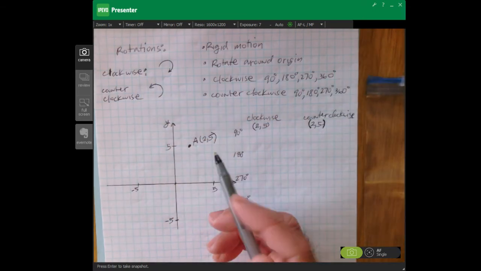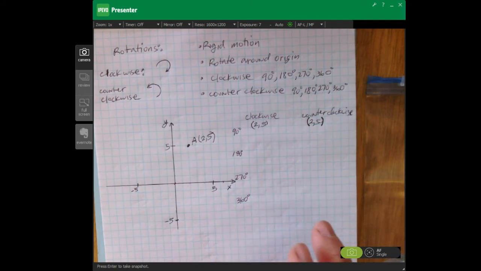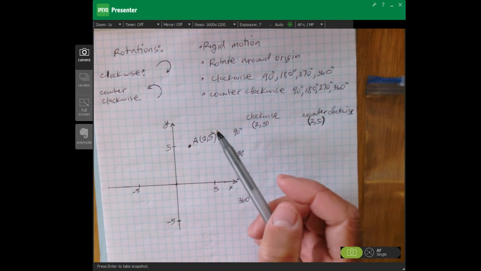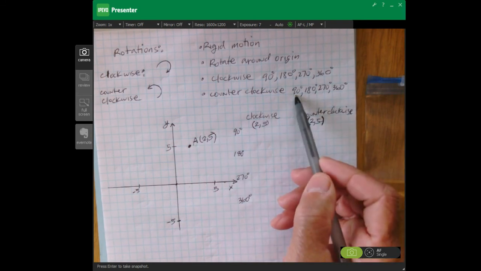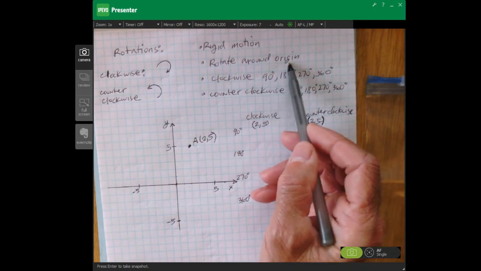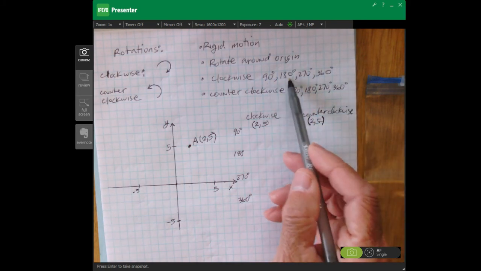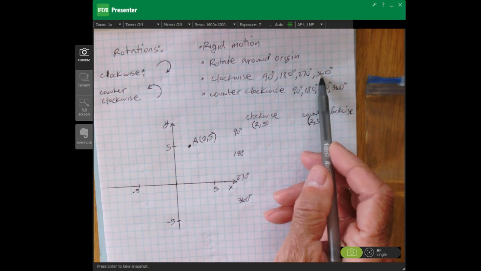So when you rotate something, there are two things that go into determining how it rotates, or maybe three, I guess. You identify the point. All of the rotations we're going to be doing are around the origin, and they will be either 90 degrees, 180 degrees, 270, or 360.